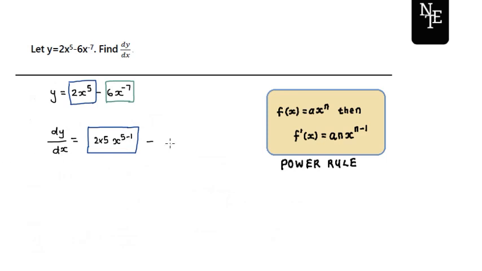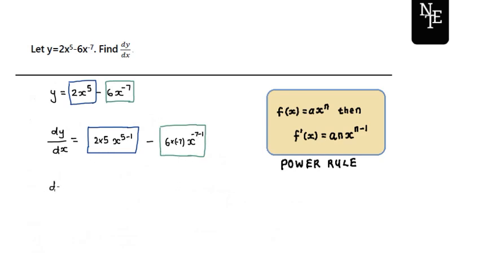Now let's go for the second term. That's going to differentiate into 6 times negative 7, and then we have x to the exponent negative 7 minus 1.